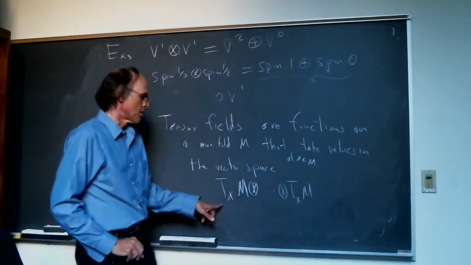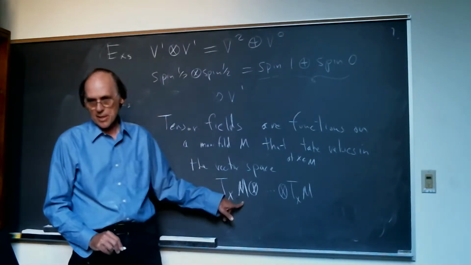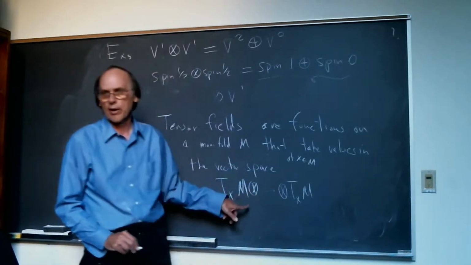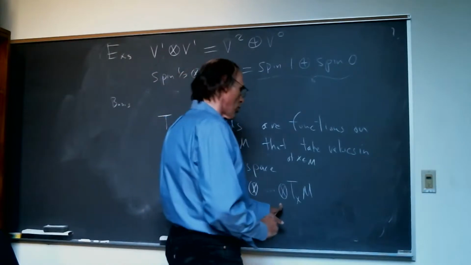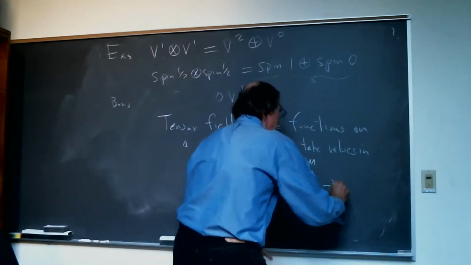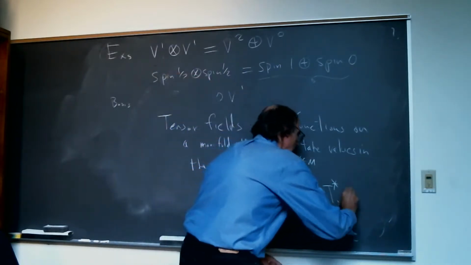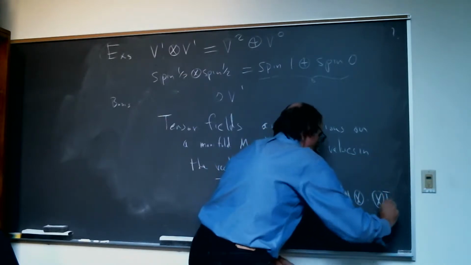So you can look at things that take values not just in the vector fields, but in the tensor product of a bunch of the vector spaces. And then to make it more interesting, you can also throw in things that take values in the dual space to the tangent space, and again, you can have a bunch of these.